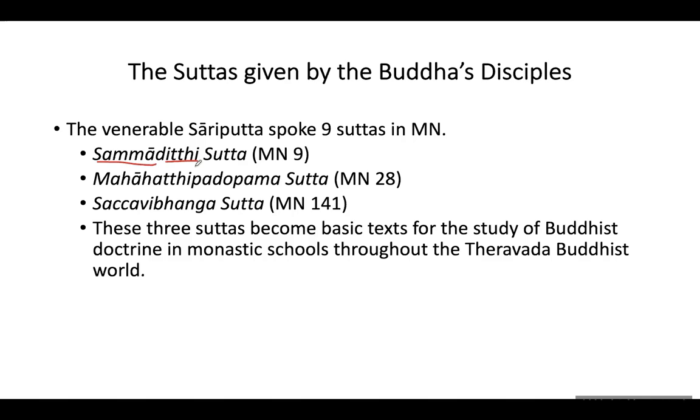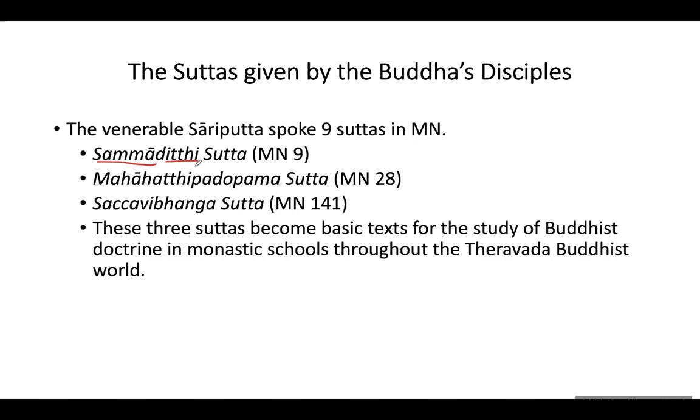Also, Sariputta gave a sermon in the Sakkavivanga Sutta, which is Majjhima Nikaya 141. In it, the Buddha urged the bhikkhus to seek guidance from the two Theras, Venerable Sariputta and Venerable Moggallana.